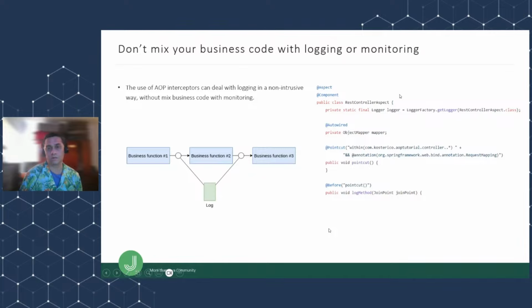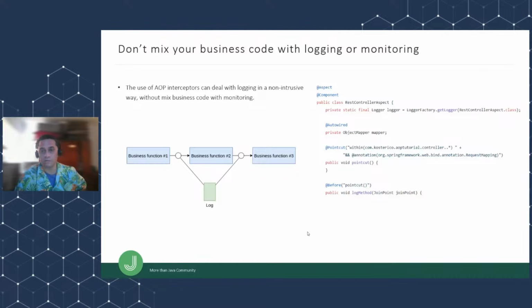It's still about logging and monitoring. It's the same idea here, since we shouldn't mix our business code with logging. For example, I have some business function one. Business function one is getting some client details, and inside of this code we have a lot of filtering, if then else, while loops, etc. It's purely related to the business.